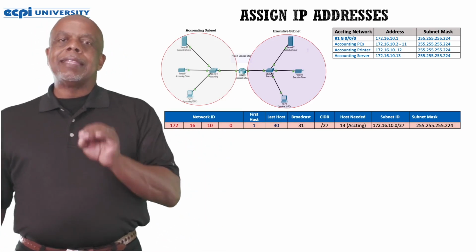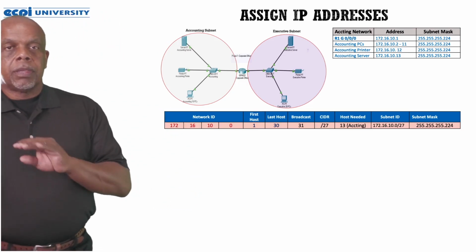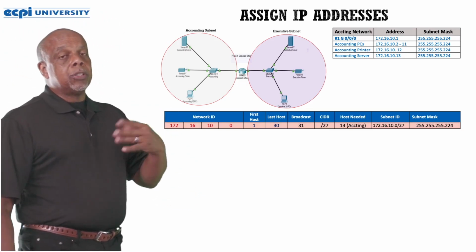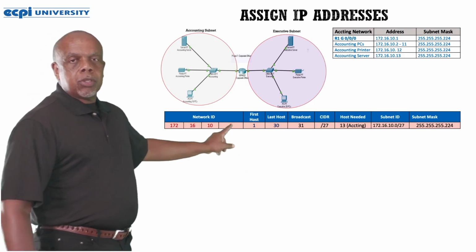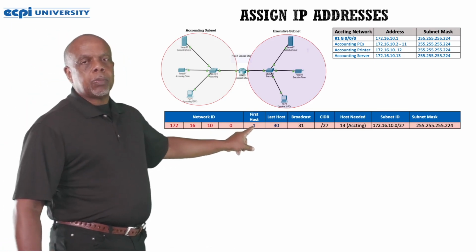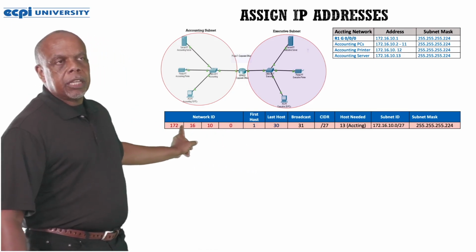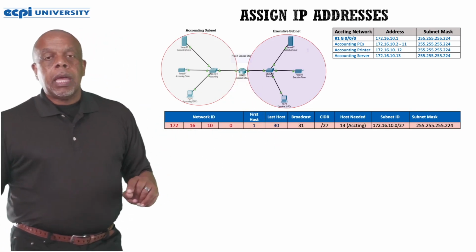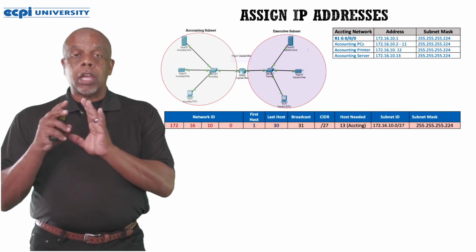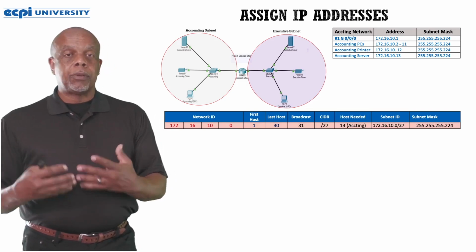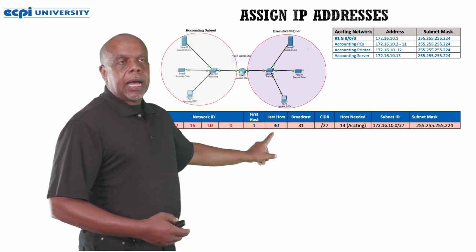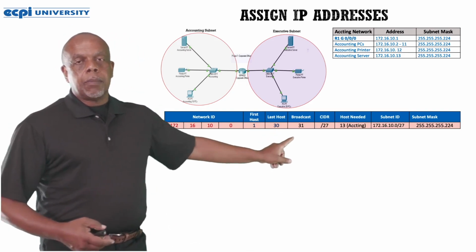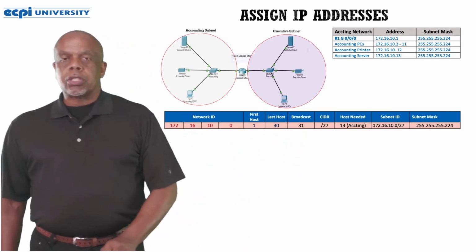You cannot assign that IP address. The ID cannot be assigned to a computing device. So the first usable IP address is going to be 172.16.10.1. The last assignable IP address is going to be .30, and then the broadcast address is .31.